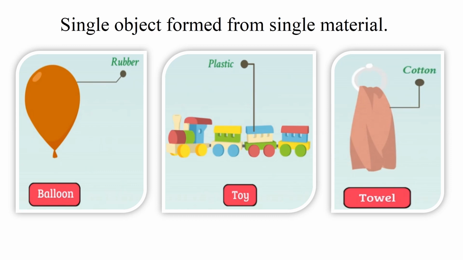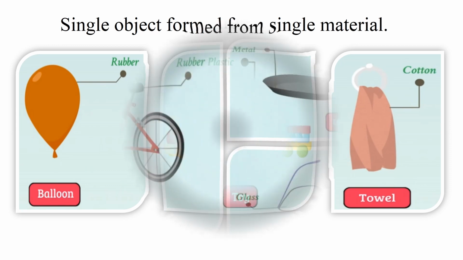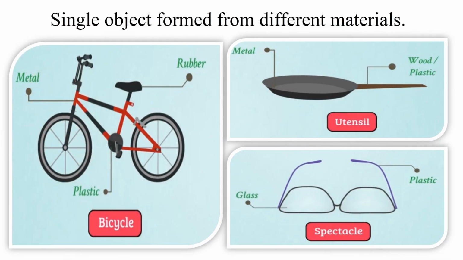While classifying them, we have to consider a few things. A single object can be formed of a single material. For example, a balloon is made of rubber, a toy is made of plastic, a towel is made of cotton. However, a single object can also be formed from different materials.